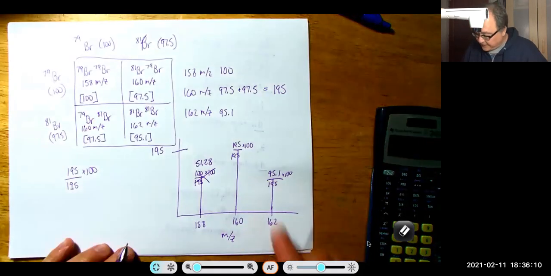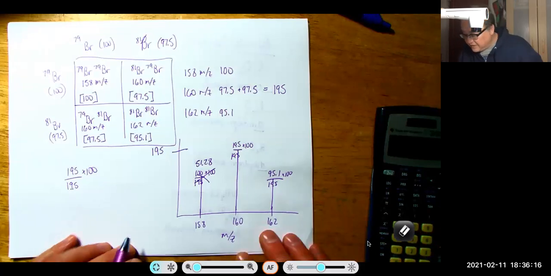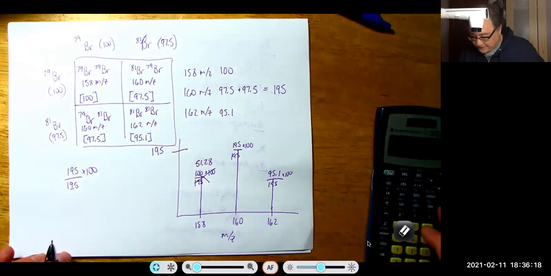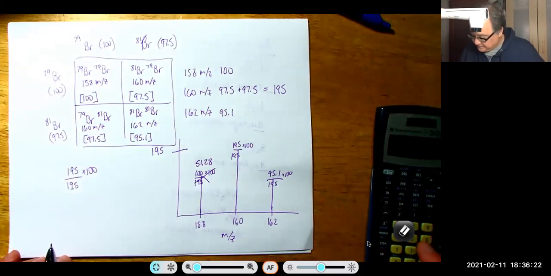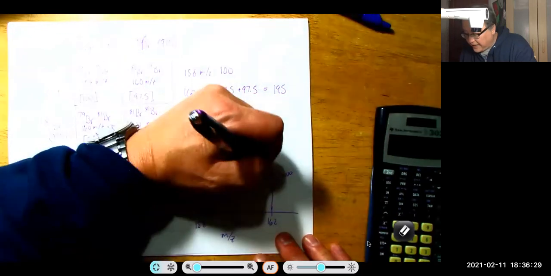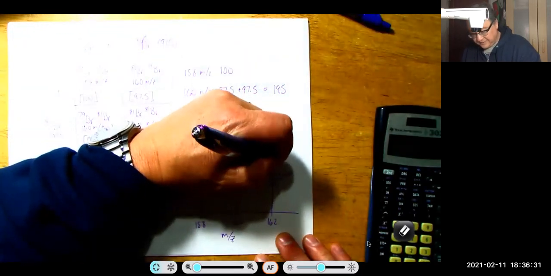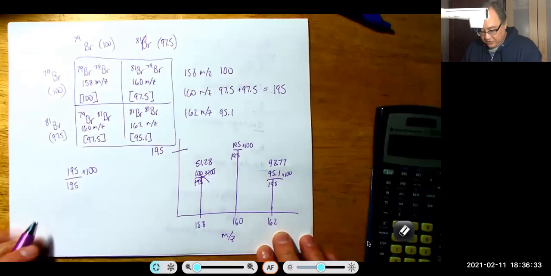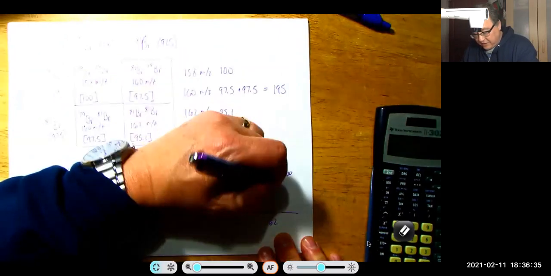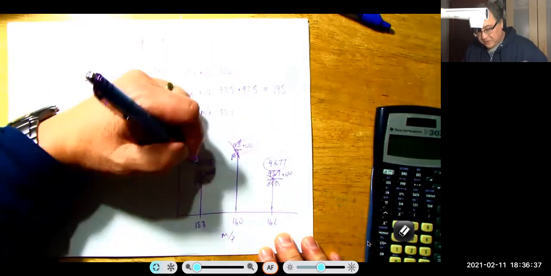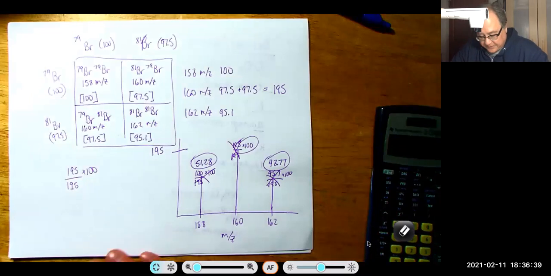And this ends up being, well, not that. That's clearly wrong. I get 48.77. So here I've made it look like a normal mass spectrum that you get from using the instrument.